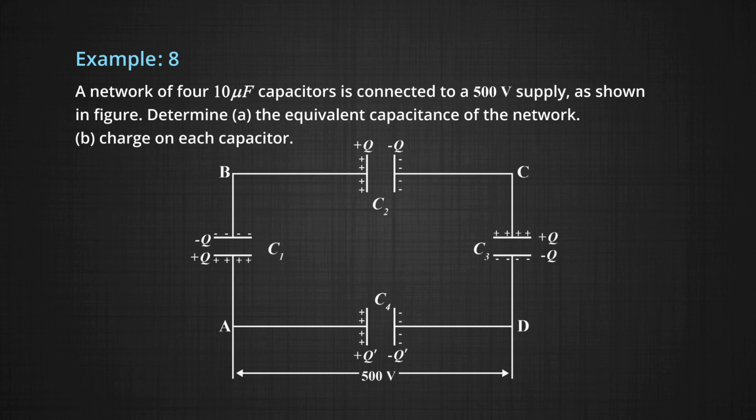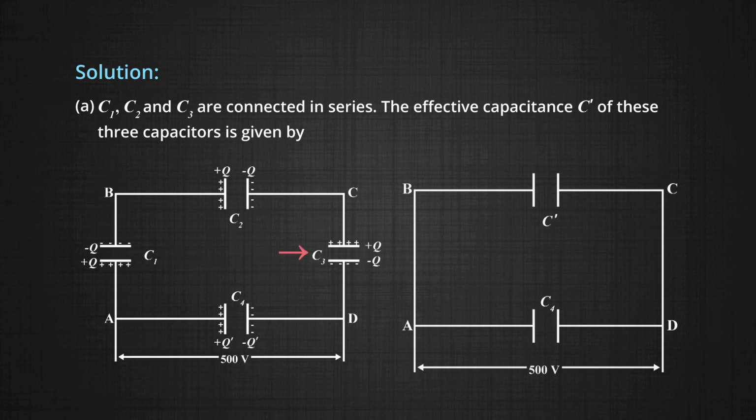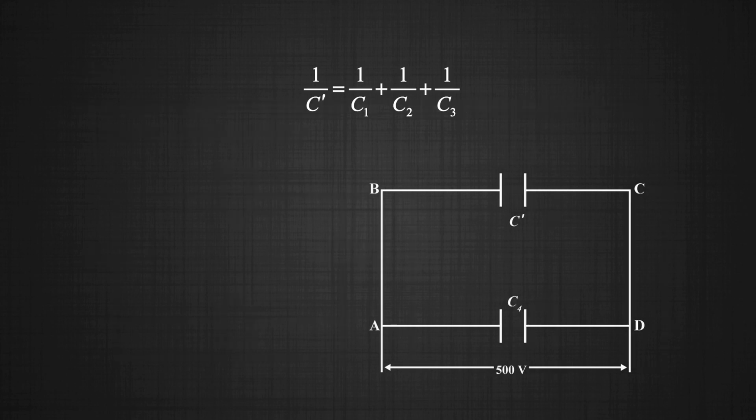Part A. C1, C2 and C3 are connected in series. The effective capacitance C dash of these 3 capacitors is given by 1 upon C dash equal to 1 upon C1 plus 1 upon C2 plus 1 upon C3. For C1 equal to C2 is equal to C3 is equal to 10 microfarad.